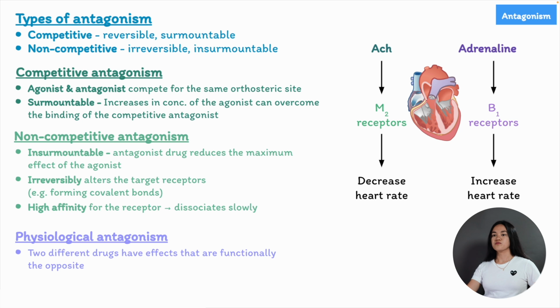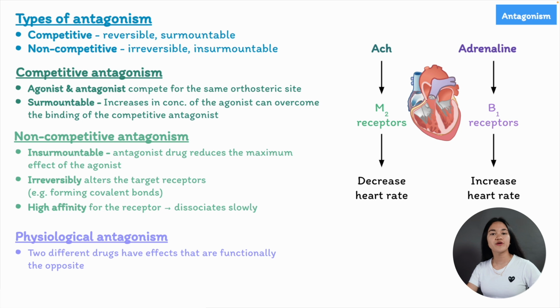So in this example, we can see acetylcholine and adrenaline demonstrating physiological or functional antagonism. Although both drugs are agonists, their functional effects on heart rate are opposite. Acetylcholine decreases heart rate while adrenaline increases it. So we refer to acetylcholine and adrenaline as displaying physiological antagonism in this scenario. All right? So those are the different types of antagonism.